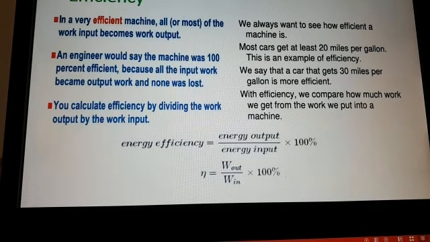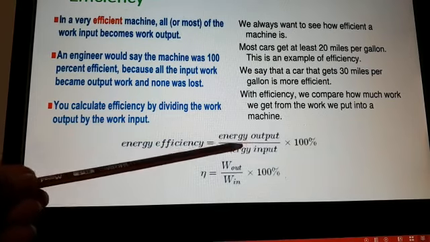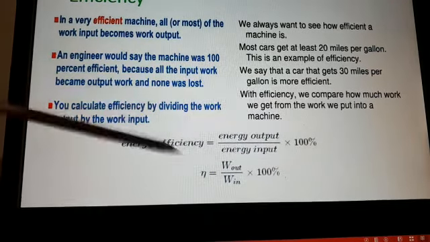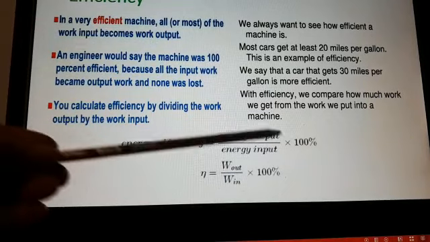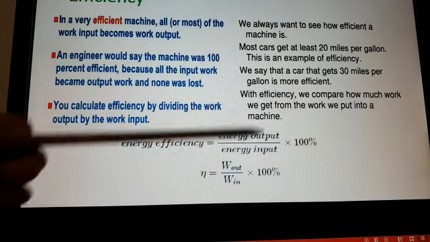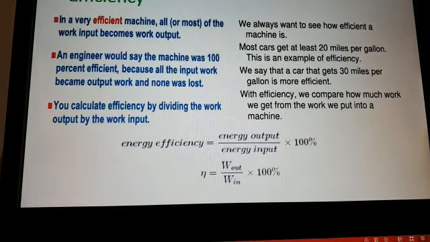You can calculate efficiency by dividing work output by work input. Energy efficiency is energy output divided by total energy input, multiplied by 100, giving the percentage. Efficiency has no particular unit, we express it as a percentage. You will get the percentage efficiency of that machine.